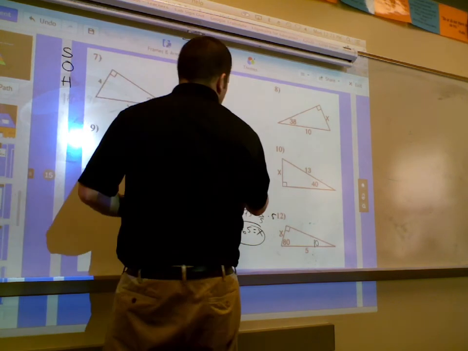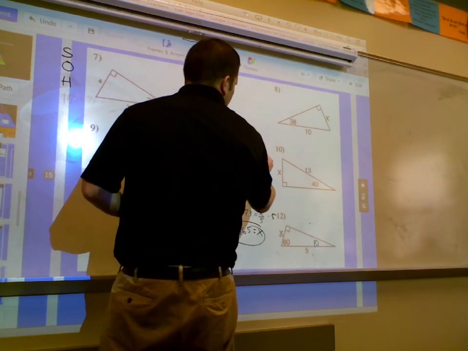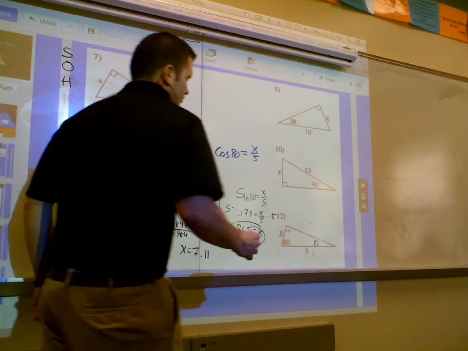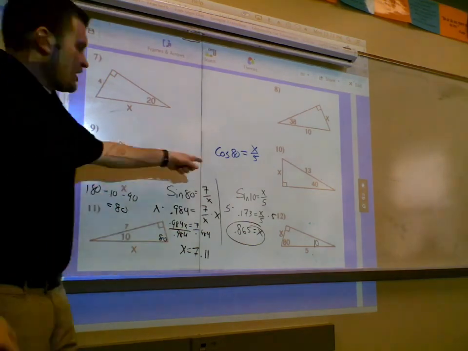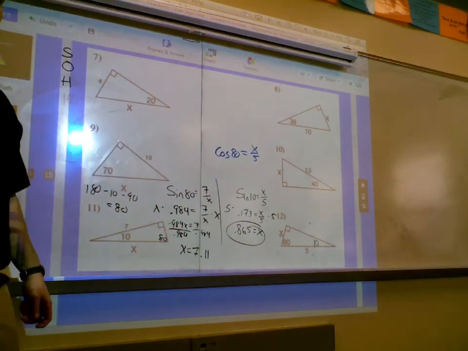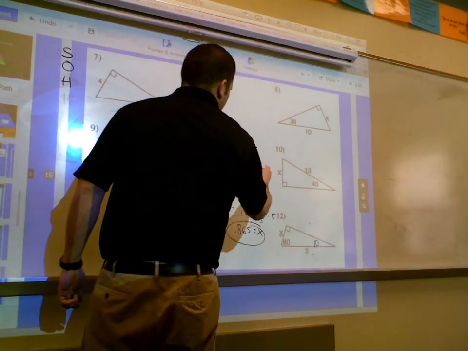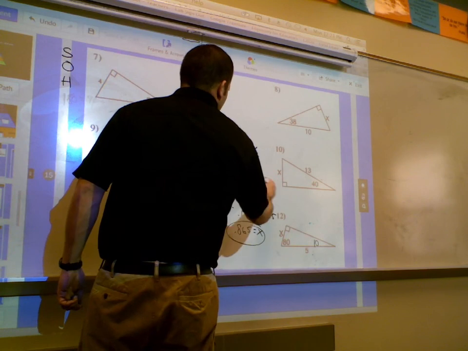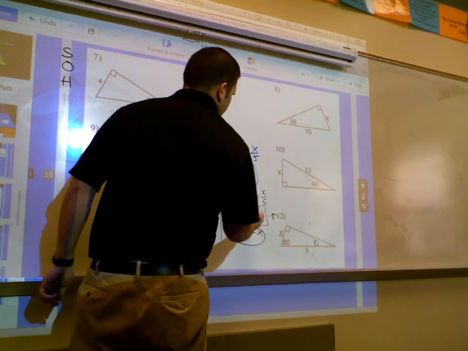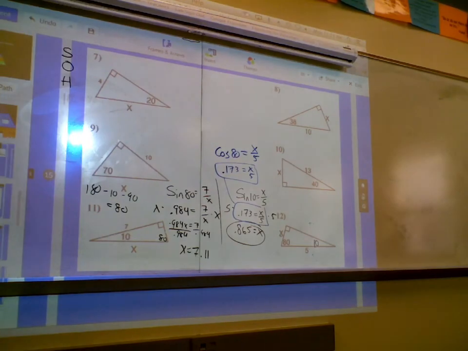We could do cosine of 80 equals x over 5, right? What does cosine 80 equal? 0.173 equals x over 5. Isn't that the same as what we had right here? Same answer or different answer?